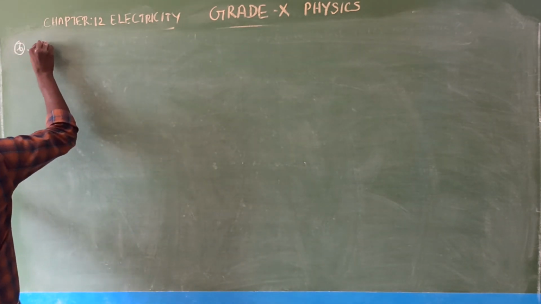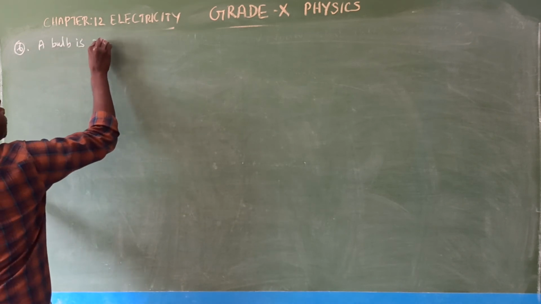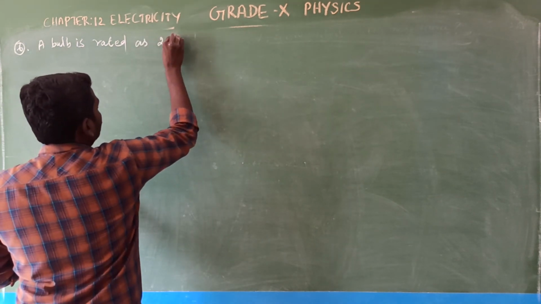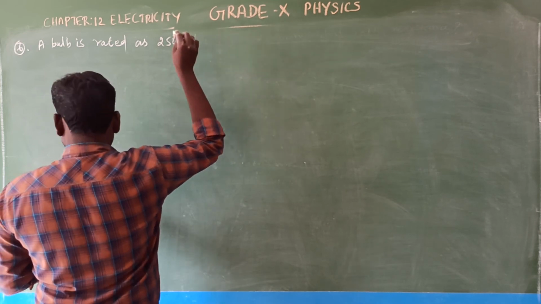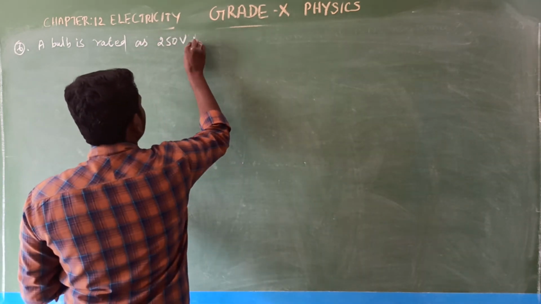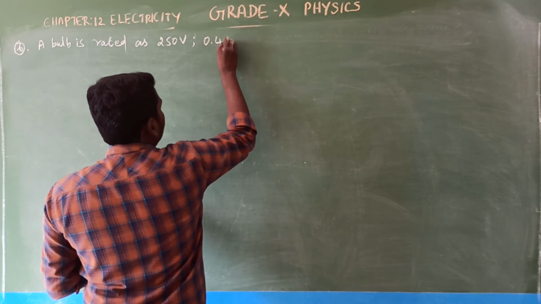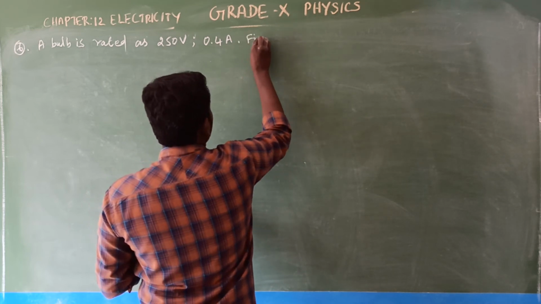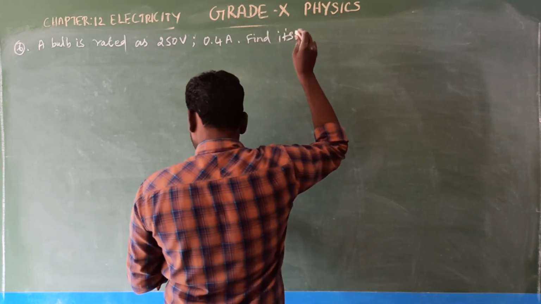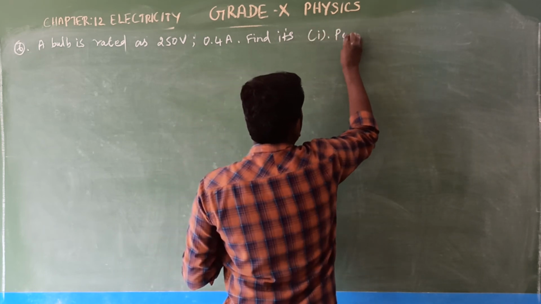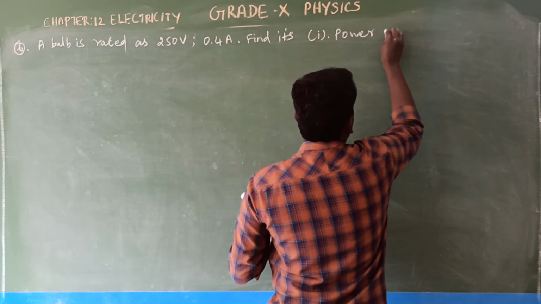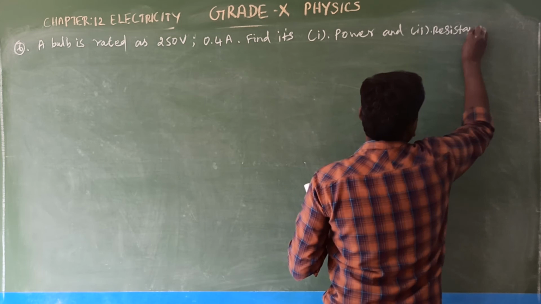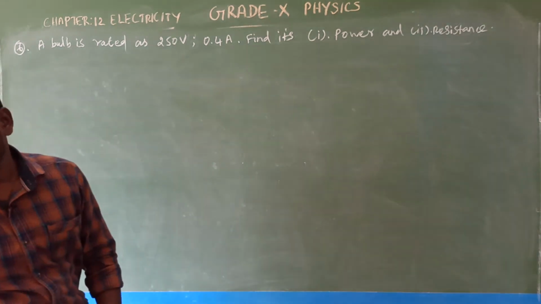A bulb is rated as 250 volt and 0.4 ampere, which means potential difference 250 volt, current 0.4 ampere, and find its power. Find its power, and second one is resistance. So this is one type of numerical.